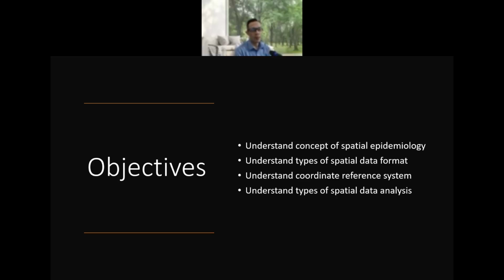So all of the objectives are basically to understand, so there is no need to know how to perform spatial data analysis. But if you have any problem, you can always go to Afiq or Hazlino. Both of them can do spatial data analysis well, at least for point pattern analysis.